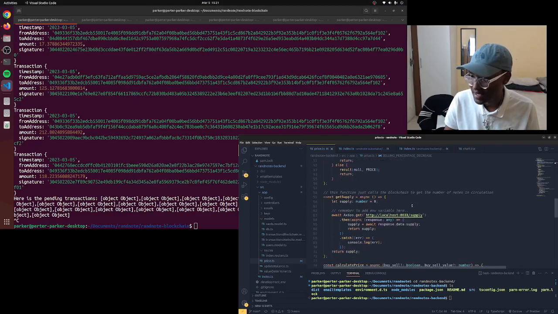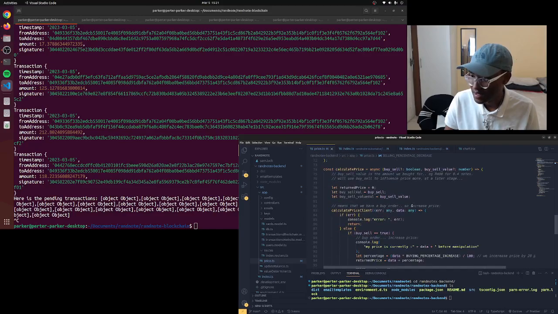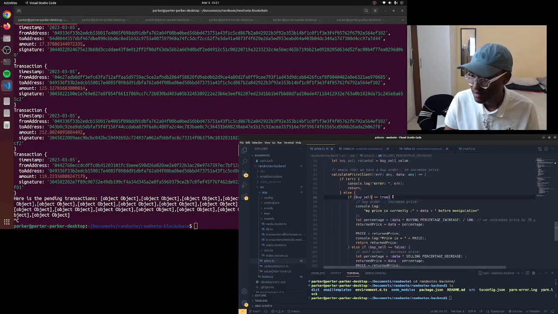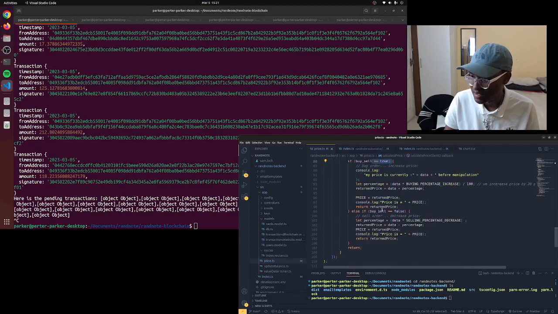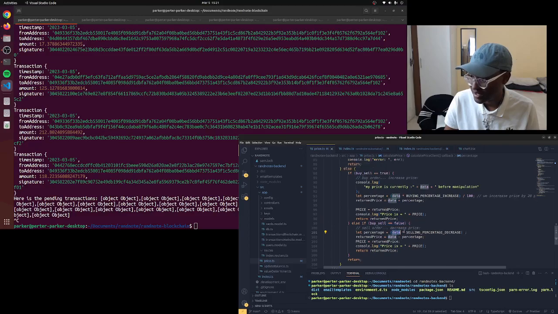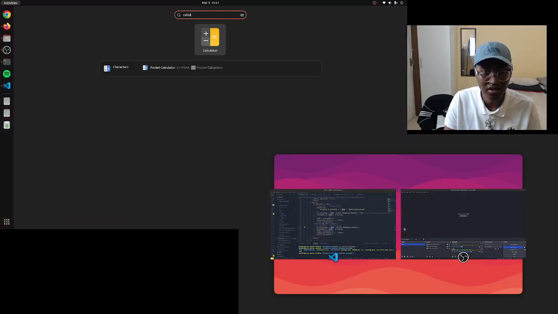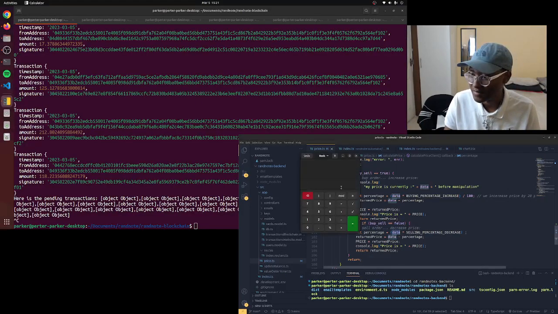So my sell, if it's a sell order, then data, which is the price, I'm just gonna try and calculate this.